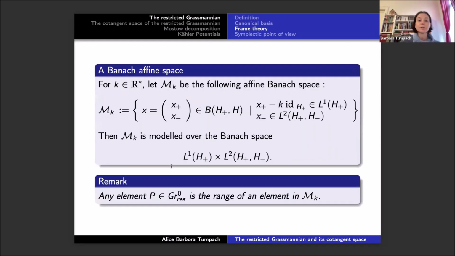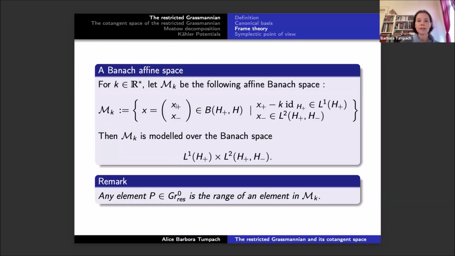Now I'll go to an affine space. It will be used then for defining bases of elements of the Grassmannian. So here we take all the bounded operators from H plus into H with a similar condition as before.